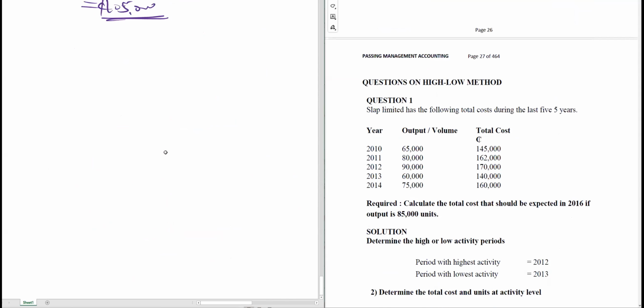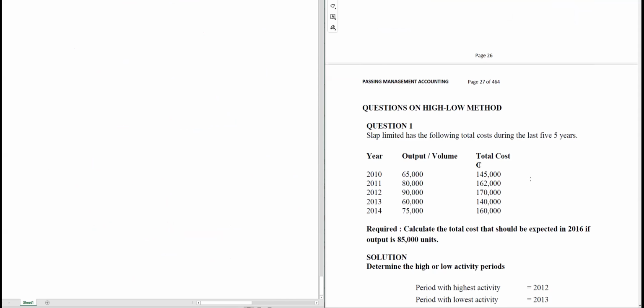Let's take this illustration too, Slap Limited. Okay, so what's the low level? 60,000. Look at it carefully. And what's the highest?